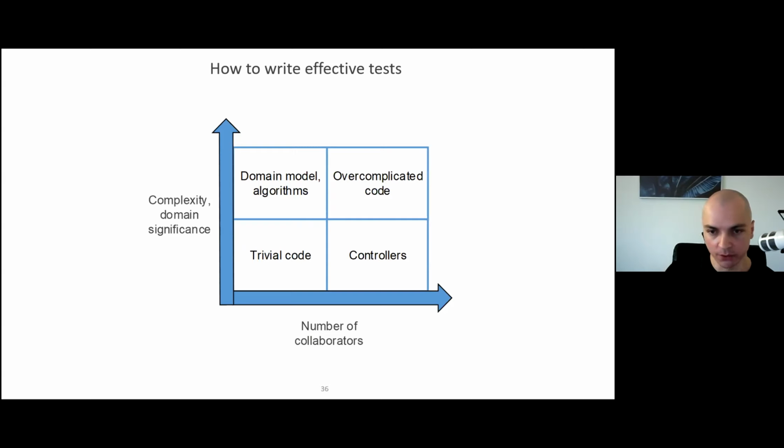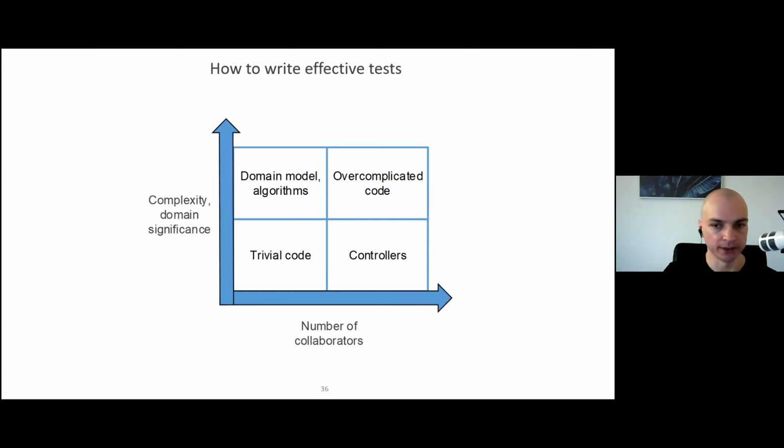On the bottom right, we have controllers. Controllers are classes that don't do important or complex work on their own, but they orchestrate this work between different components of your system, usually between your domain model and out-of-process dependencies, such as the database. And on the upper right quadrant, we have the overcomplicated code. A good example here is the fat controller anti-pattern.